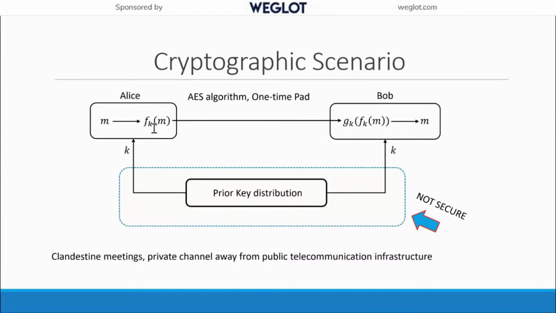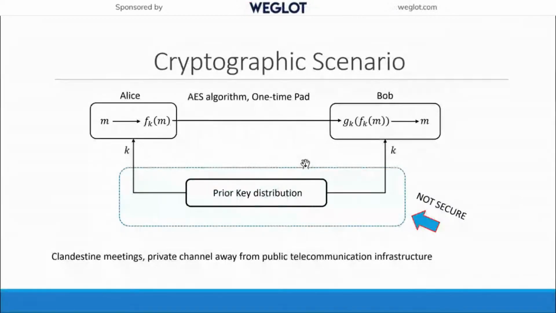For this encryption and decryption, both of them need to have a password, a secret key, which we call K, which should have been distributed from before they start this communication.